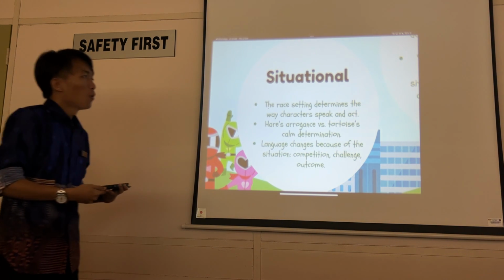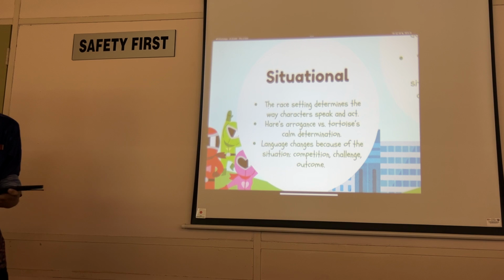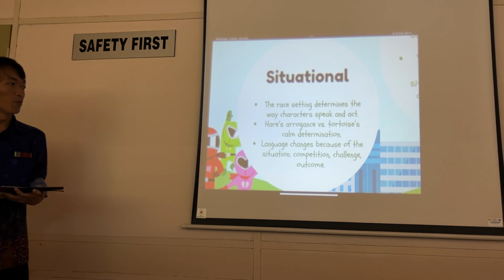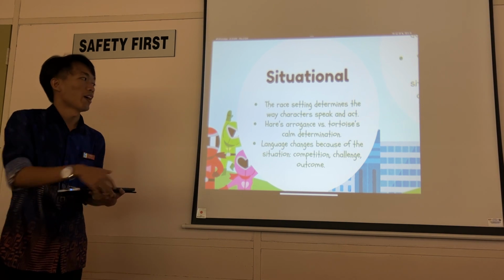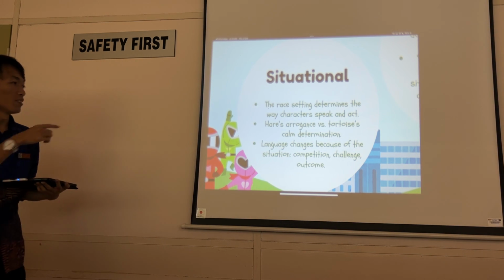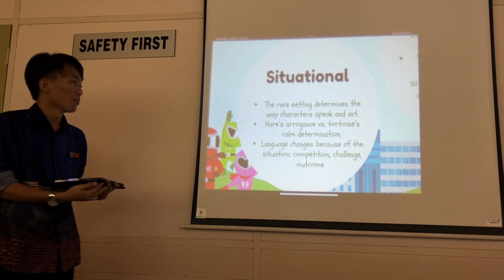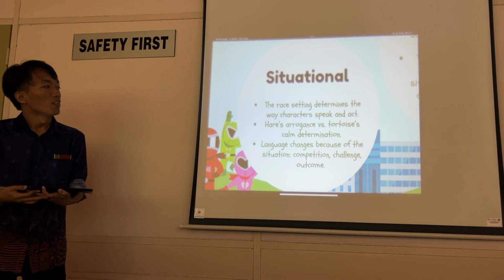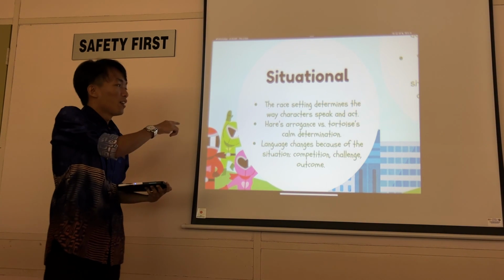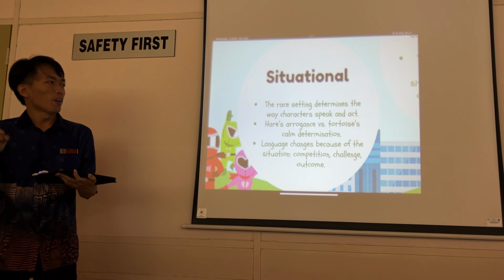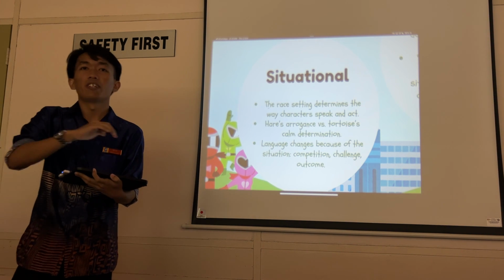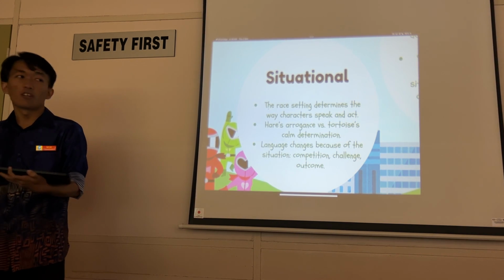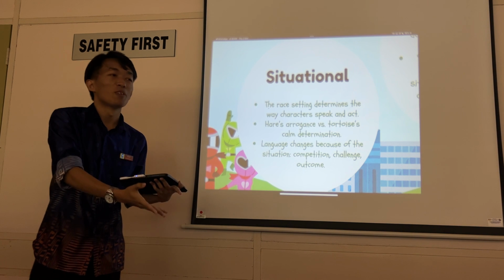Okay, so why did I choose situational for this story? The race setting determines the way the characters in the story speak and act. For example, the hare's arrogance versus the tortoise's calm determination. Looking at the hare's arrogance, before the race starts, when the hare challenged the tortoise, he saw that, oh, he is a tortoise, he must be slow, right?